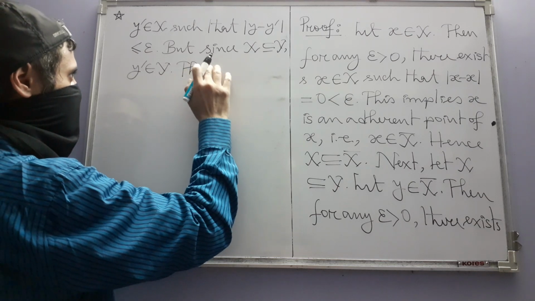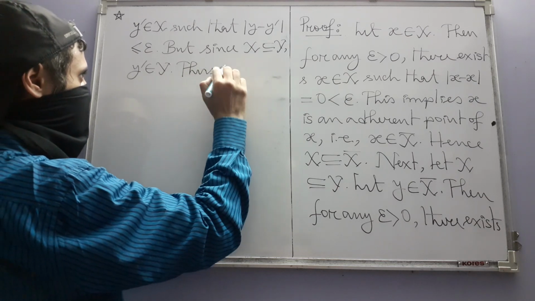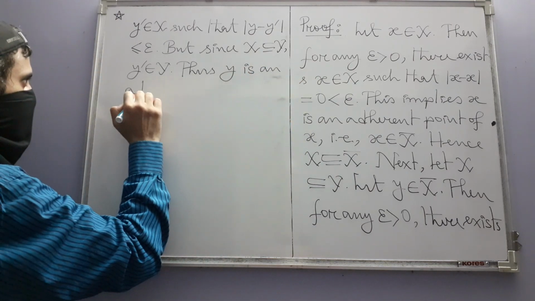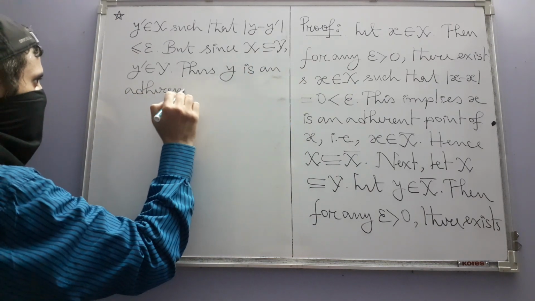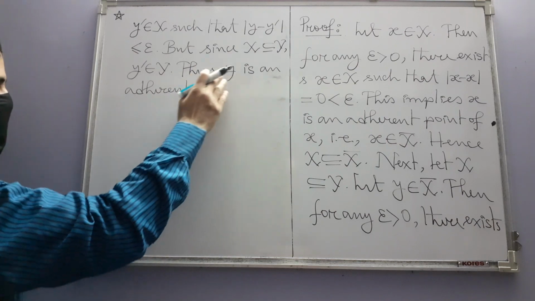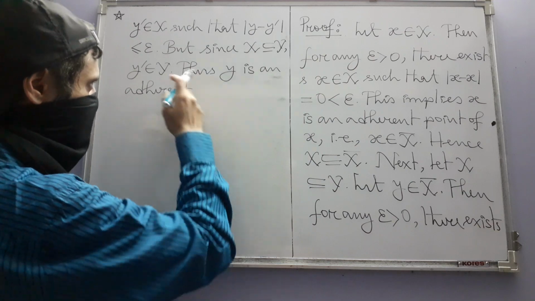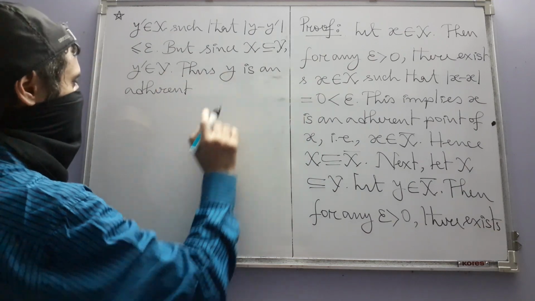Thus, y is an adherent point of capital Y. If you want you can directly write thus y belongs to the closure of capital Y, but let me just write this for once.